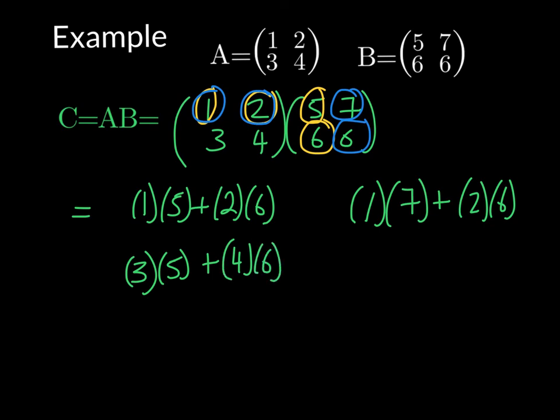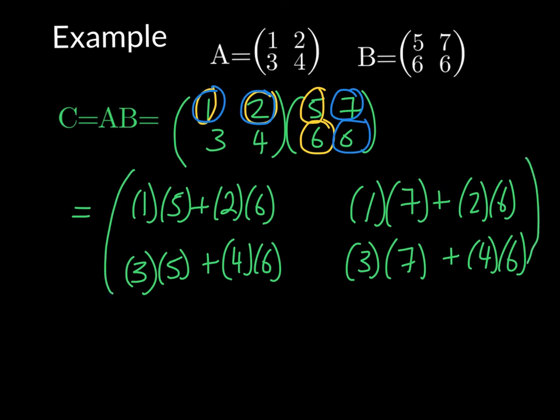Element C22 is again the second row of matrix A, but moving on to the second column of matrix B. So it's 3 times 7, added to 4 times 6. So as I said previously, it can get a bit messy and complicated, but try not to be put off by that. Try to just be as careful as possible.